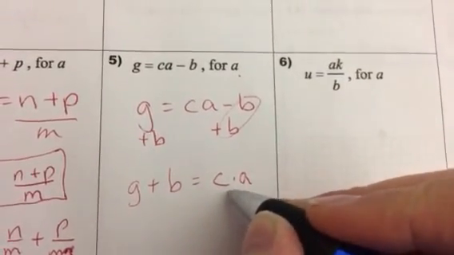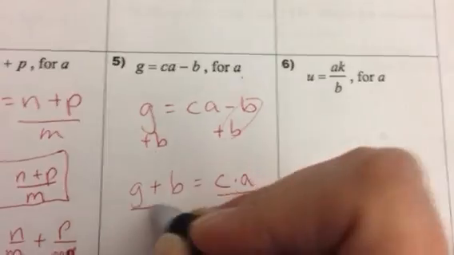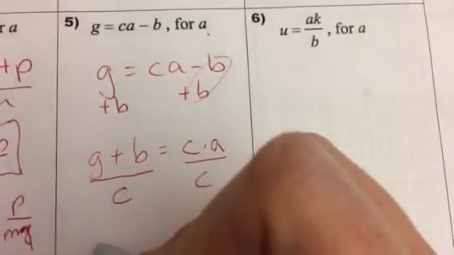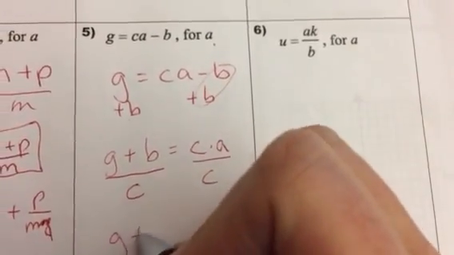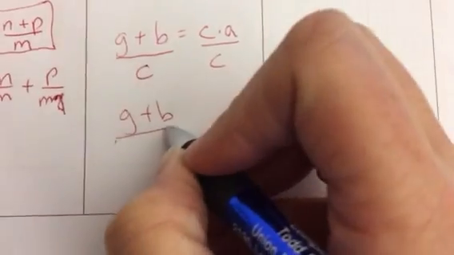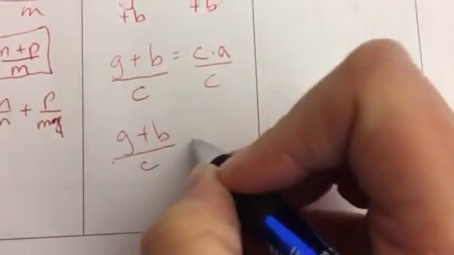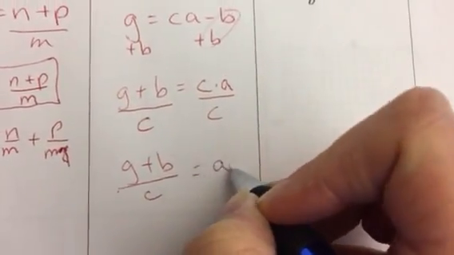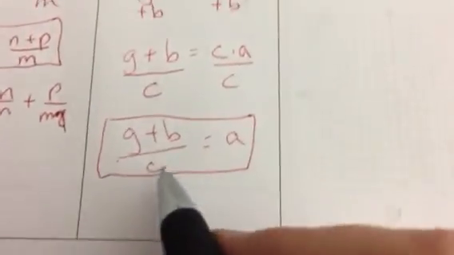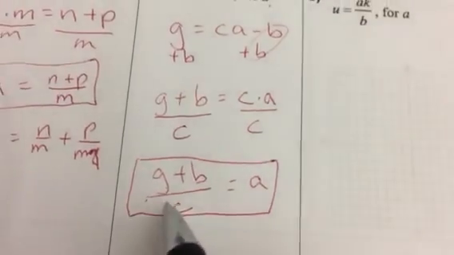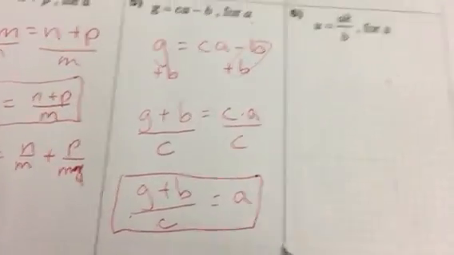So I need to get a alone, so I'll just divide by c on both sides, and I'll get g plus b over c is equal to a. So that could also be written as g over c plus b over c is equal to a.